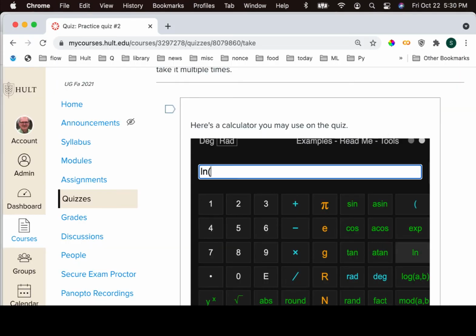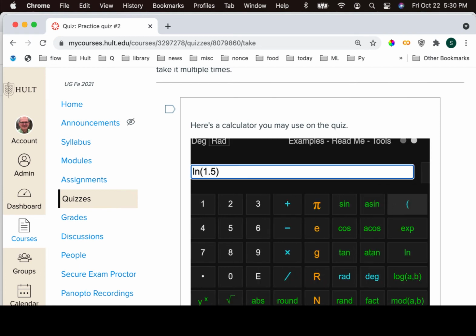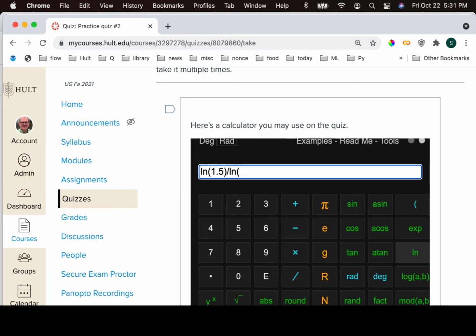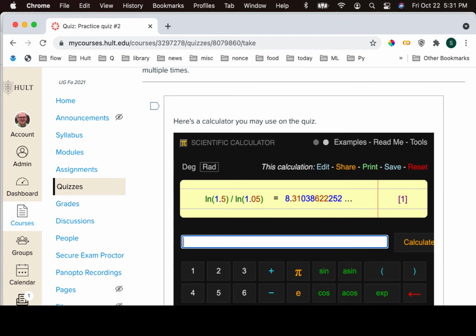So I'll ask for the natural log of 1.5 divided by the natural log of 1.05, and if I calculate that, I get 8.31 approximately.